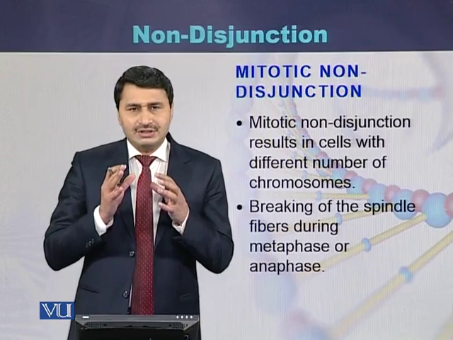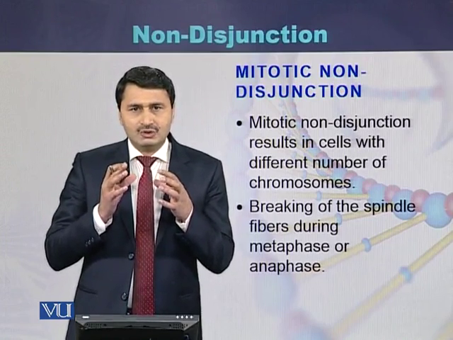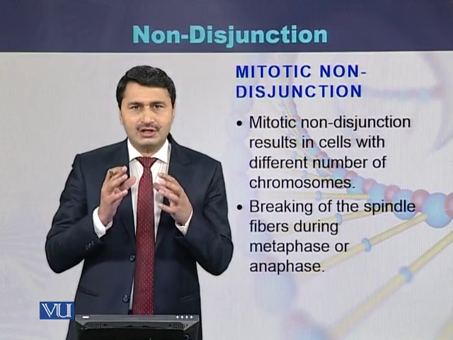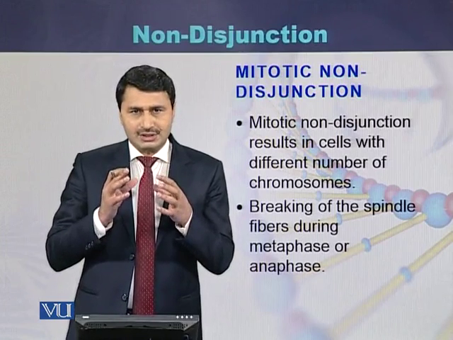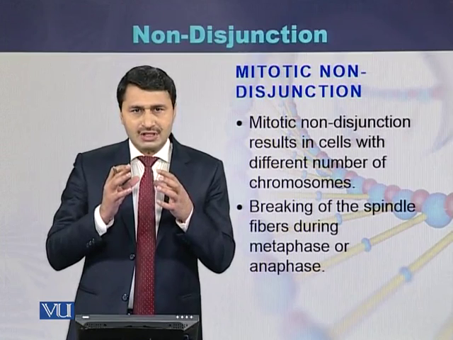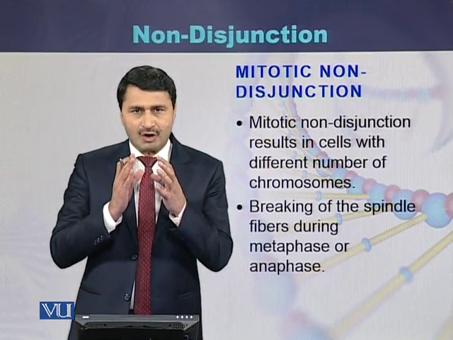Meiotic non-disjunction produces two cells. These two cells have a different number of chromosomes. The different number of chromosomes is due to non-disjunction of the centromeres of the homologous chromosomes. They will not separate from each other.